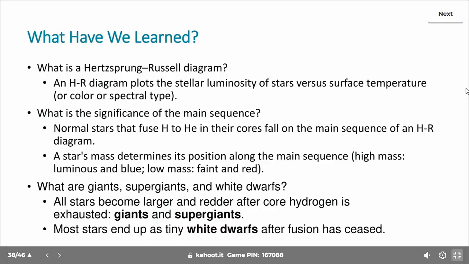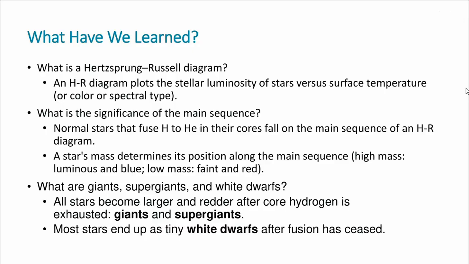The Hertzsprung-Russell diagram is just a very convenient way to contain a lot of information in one graph. The axes are just plotting luminosity versus temperature, but from that you can get a lot of other information like the mass, the lifetime, the radius, the spectral type, all contained in one diagram.